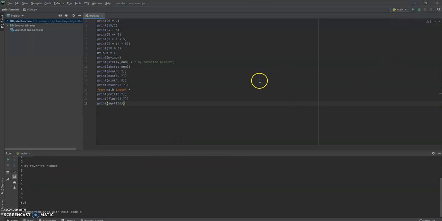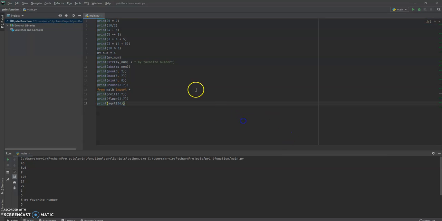Whatever you can do on a calculator, you can do in Python. People actually tell me that their kids cheat doing this, and I've got to admit, there are lots of kids who cheat using this, because you just do print 5 times 9 and it gives you the answer 45.